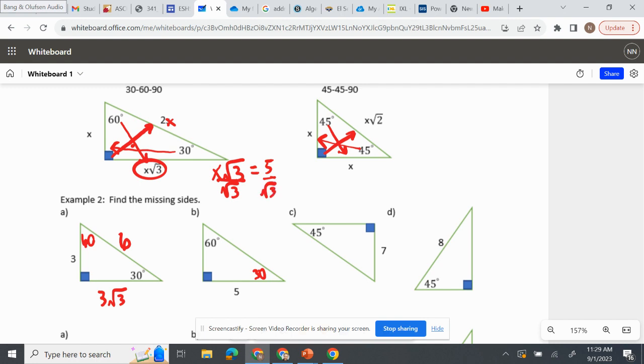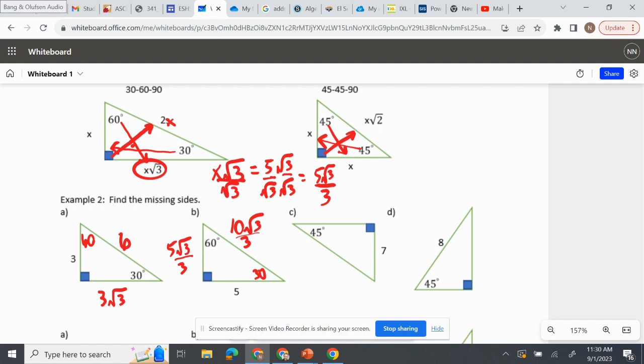Now you can't divide something by a square root, so we have to rationalize it. That would give us 5 square root of 3 over the square root of 9, which of course is 3. So we have 5 square root of 3 over 3. Now, once we have the 30-degree side, we double it to get the 90-degree side. So that would be 10 rad 3 over 3.